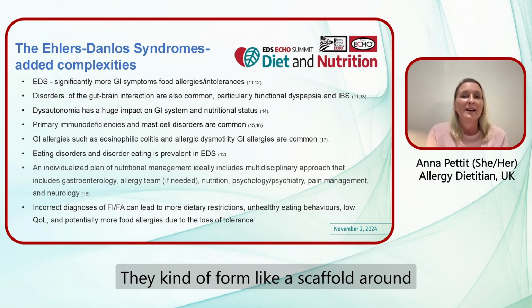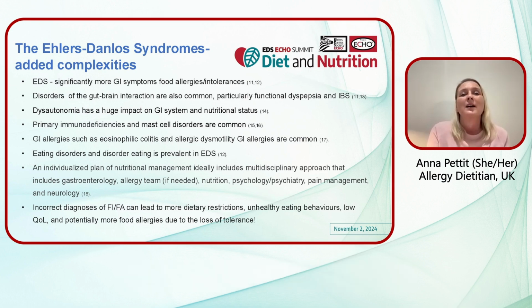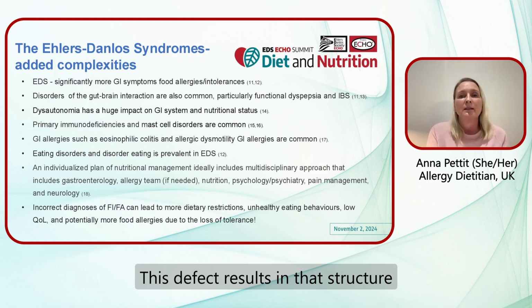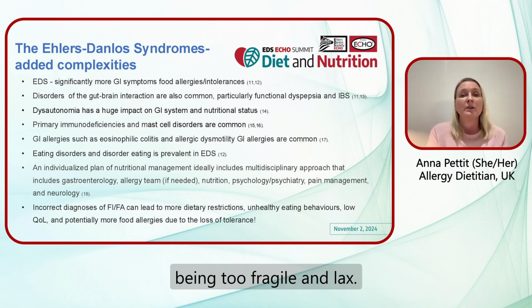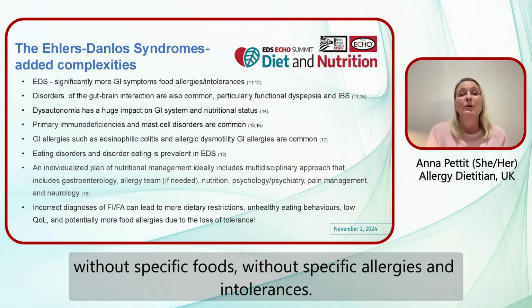They form like a scaffold around the gut and hold it all together. This defect results in that structure being too fragile and lax. So it can lead to a lot of symptoms, even without specific foods, without specific allergies and intolerances.